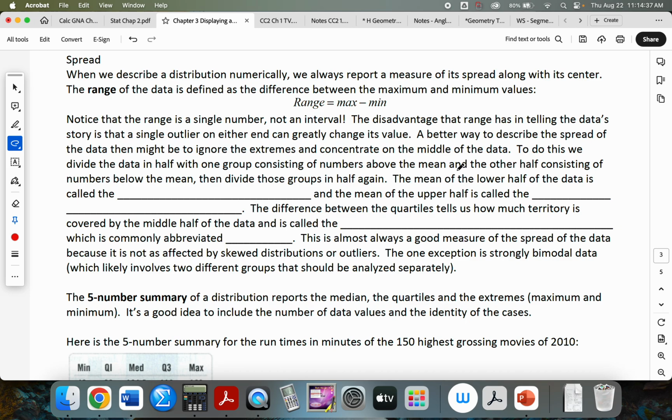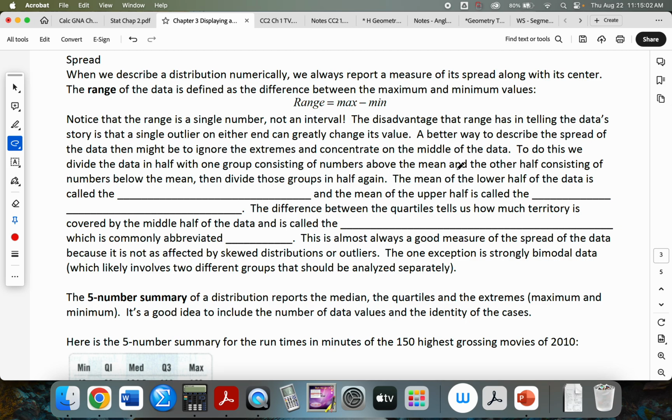Okay. A better way to describe the spread, and by the way, if there's an outlier, you get this really big range. Well, in my 7th grade pre-algebra class, is there a lot of difference in the ages? No, there's just one really big difference. So a lot of times it's better to look at what's called the interquartile range.